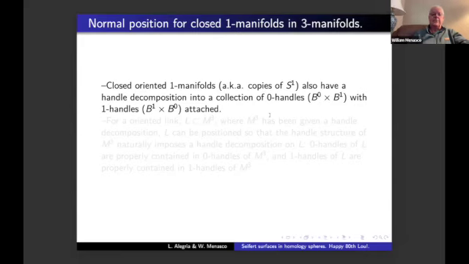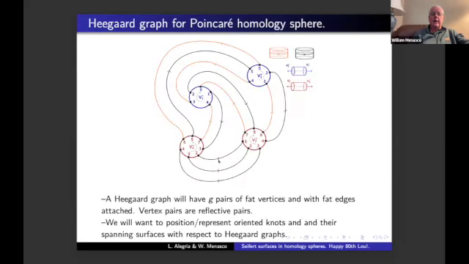And the handle decomposition for any one manifold, which are just copies of S1s, is just going to be, there's only two types of handles, a zero handle and a one handle, because the one handle is the highest dimension of a one manifold. And the zero handles are going to be positioned inside the zero handle of your three manifold.